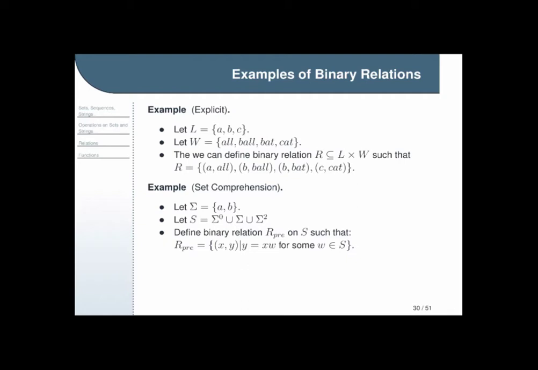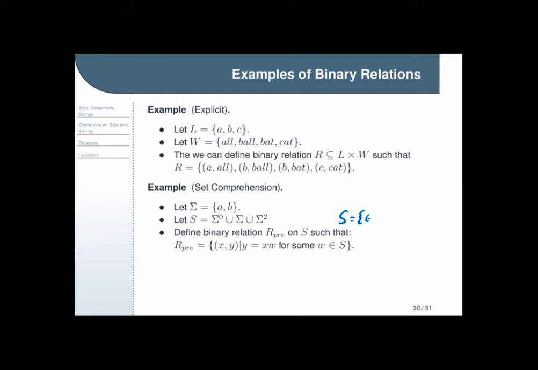So we know that w has to come from S, so it would be worth writing out what S is and seeing what w's are available. And remember, since this is a homogeneous relation, right, we just have one S, our x and our y are also going to have to come from this set. So that also makes it worthwhile to write out what is in it.